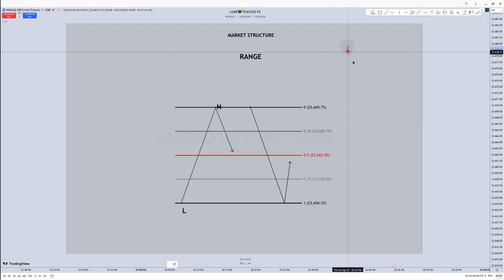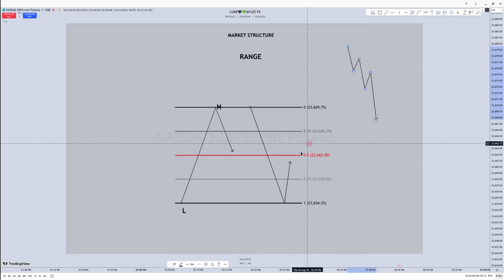For me to complete this pattern like this, if this is this, and this is that, this would be expected to form above this 0.5 line. So I would only expect this to form after it crosses this 0.5 line for me to take a sell, that makes me feel fine to consider the market dropping lower to form a lower low. So that is range.